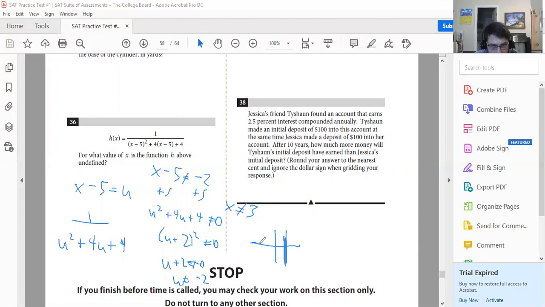And otherwise I think it would look something like that, where it just blows up at 3. And let's go clear that out.